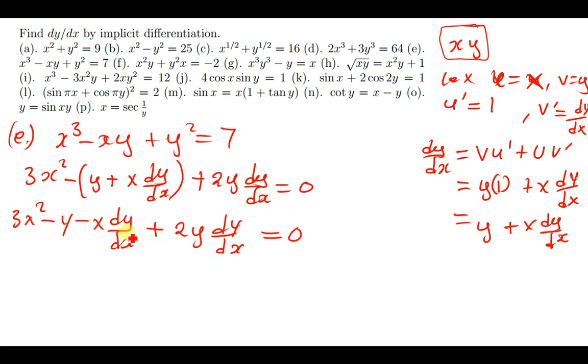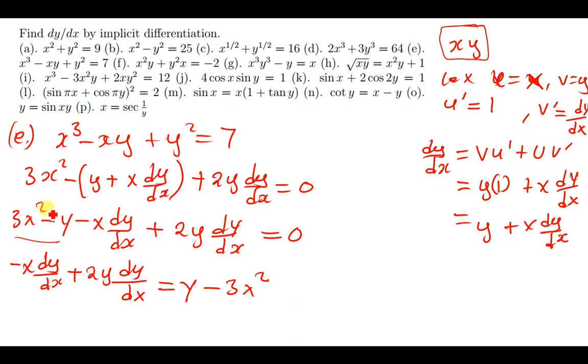So now we can factorize dy/dx. Let's take all these first terms to the other side of the equal sign, then we factorize dy/dx, so that we make dy/dx the subject of the formula. So this side we're just going to remain with negative x dy/dx, then plus 2y dy/dx. Then this will be equal to, when you take everything to the other side, y minus 3x squared, because y is negative and becomes positive when it comes to this side, and 3x squared is positive and becomes negative on this side of the equation.